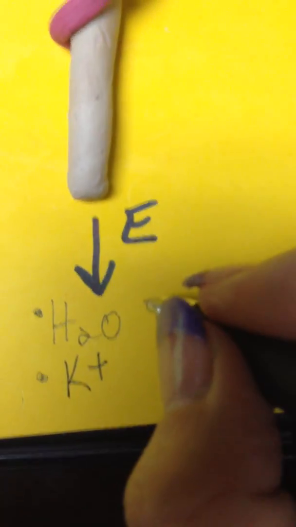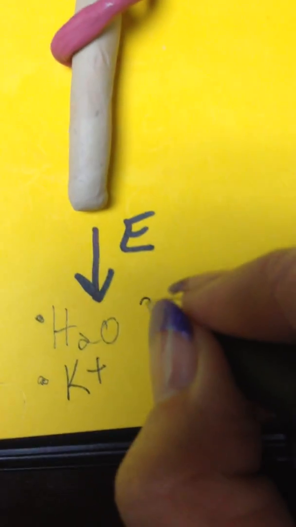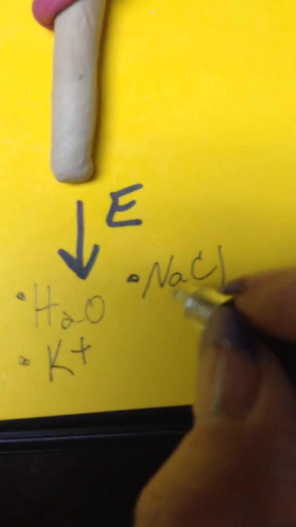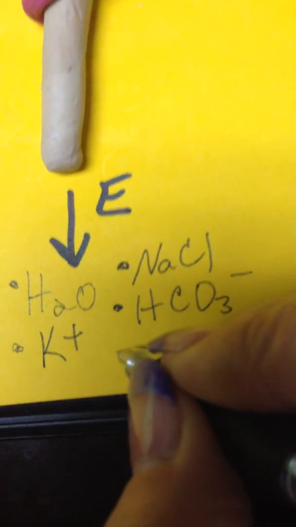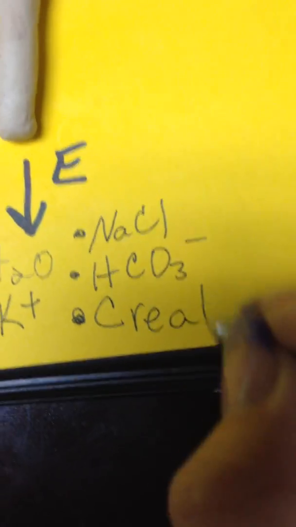So some water, some potassium, some salt again, some bicarb, so that base, and then the big end product that we filtered out early on is creatinine.